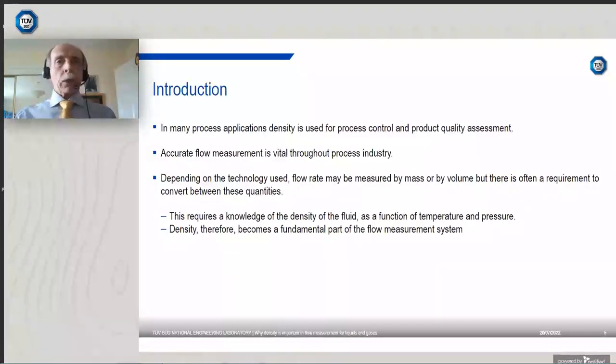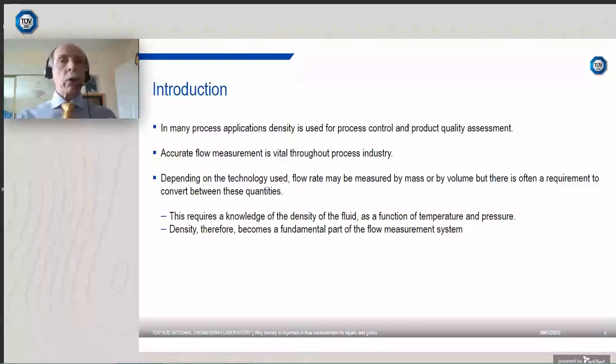Okay, so in many processes, density is used either for process control or product quality assessment, so it's used directly there. Equally, in many process applications, flow measurement is vital. And depending on the technology used, that flow rate may be measured by mass or by volume.